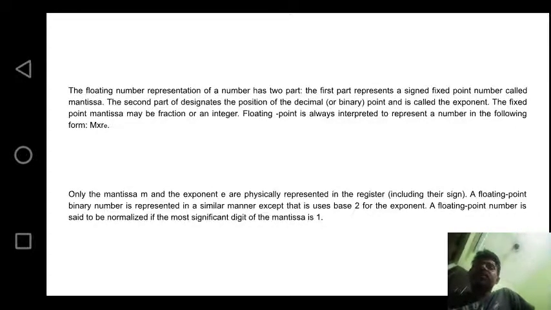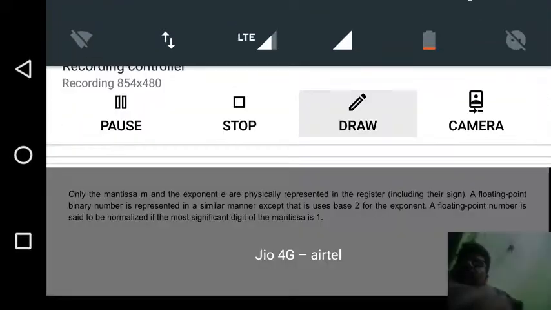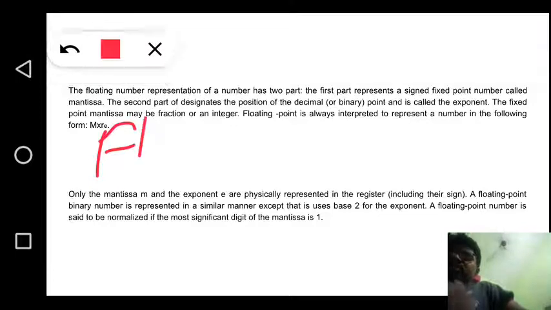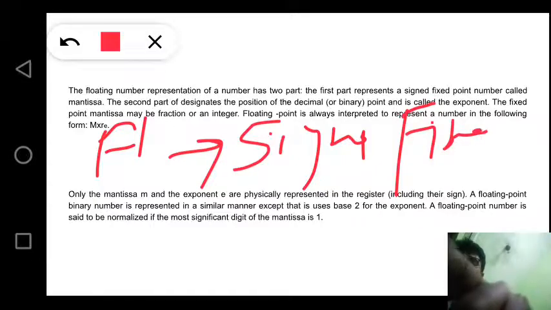Next comes floating point number representation. A floating point number has two parts. The first part represents a signed fixed point number, called mantissa. So one part is signed fixed point, and this is called mantissa.